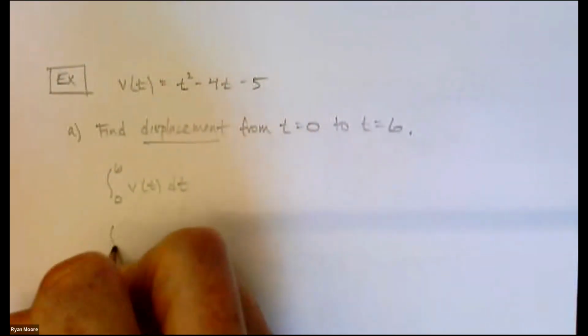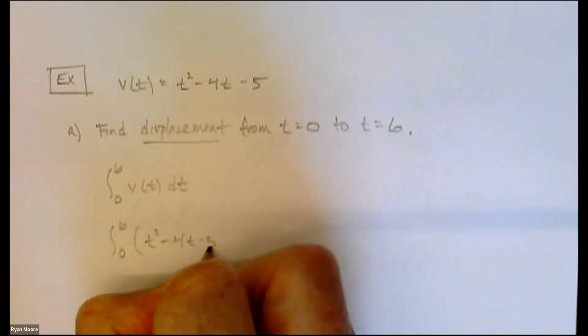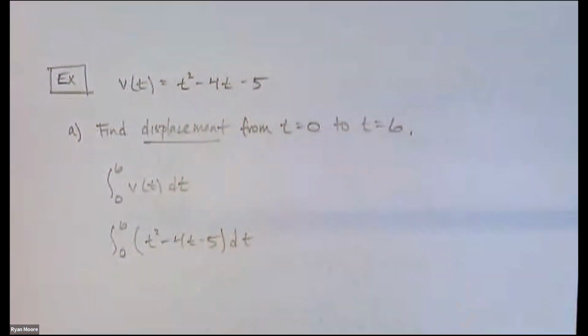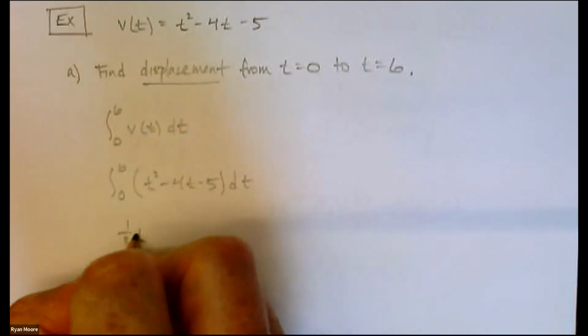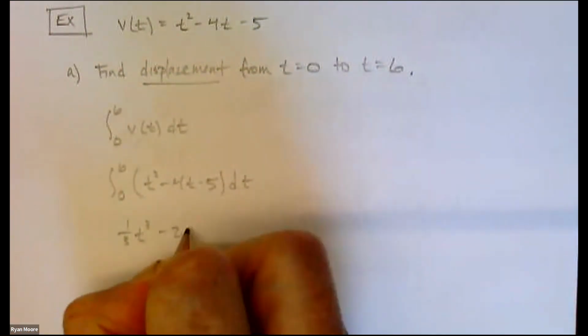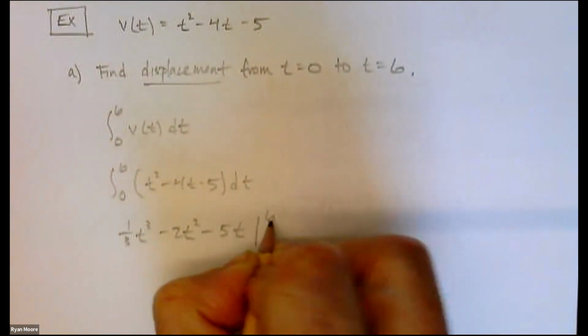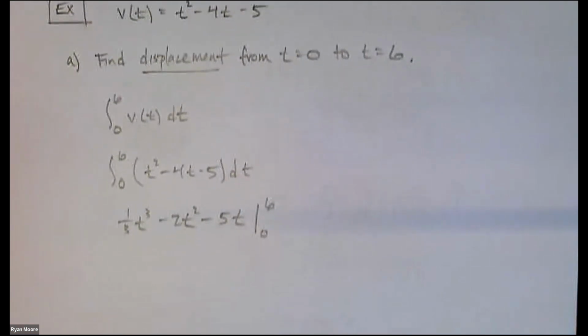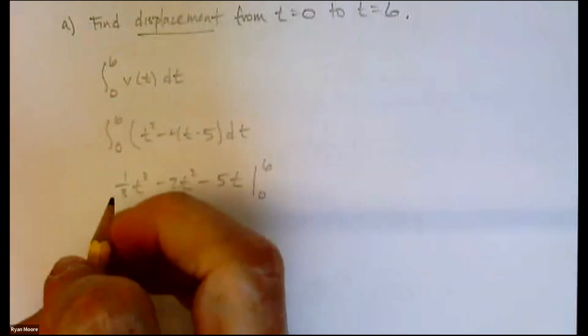Okay, let's check it out. The integral from 0 to 6 of t squared minus 4t minus 5 dt. Antiderivative: 1/3 t cubed minus 2t squared minus 5t, evaluated from 0 to 6. And we're going to plug these in.